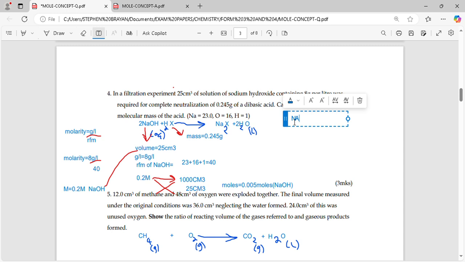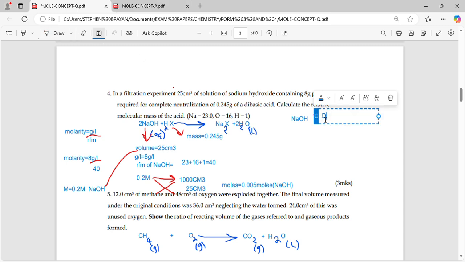The mole ratio of sodium hydroxide to the dibasic acid is going to be equal to 2 to 1.